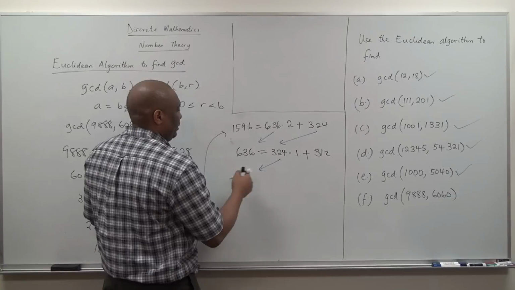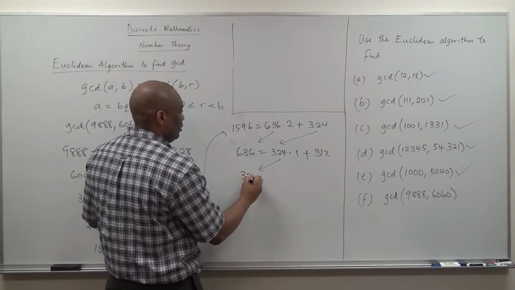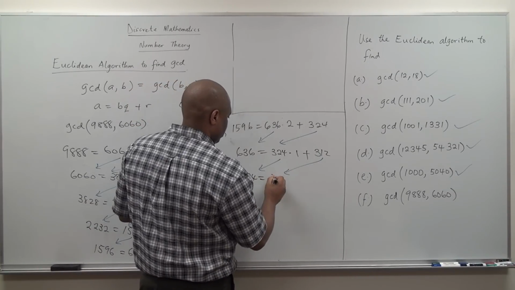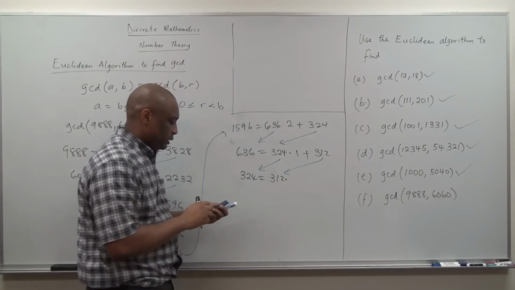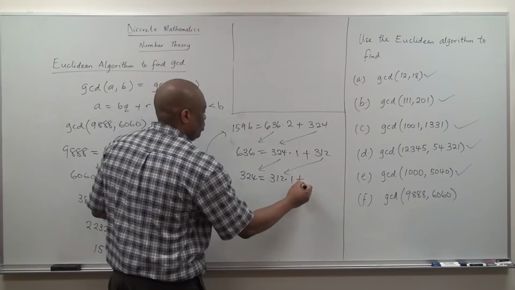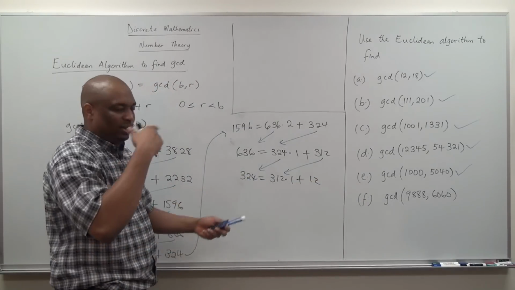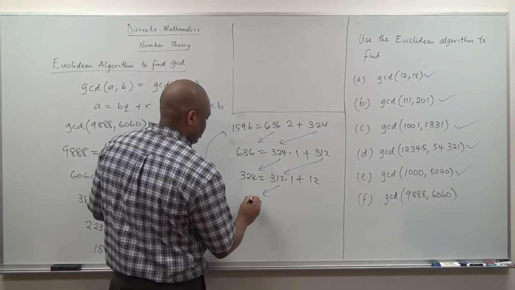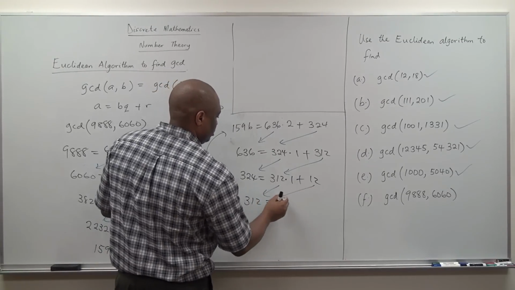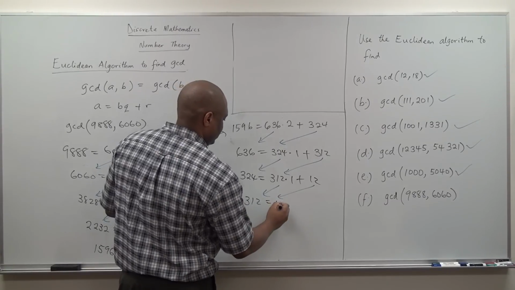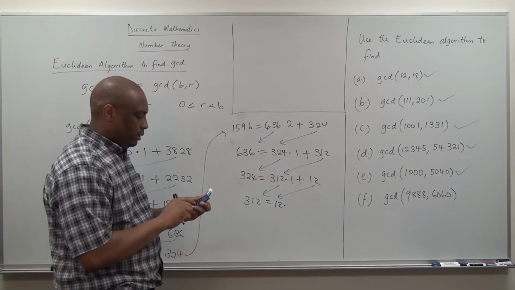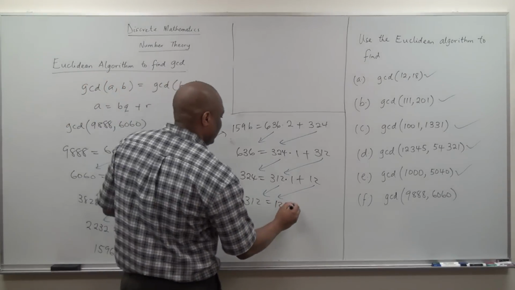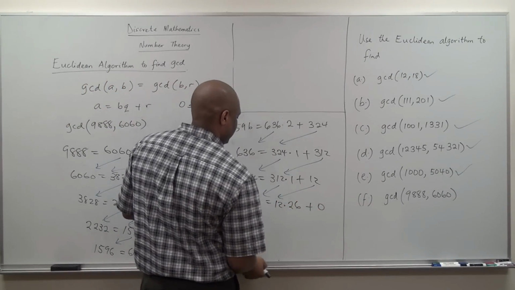Then 324 will be equal to 312 times 1 plus 12. Then 312 is equal to 12 times, you do 312 divided by 12, 26, so 12 times 26 plus 0.